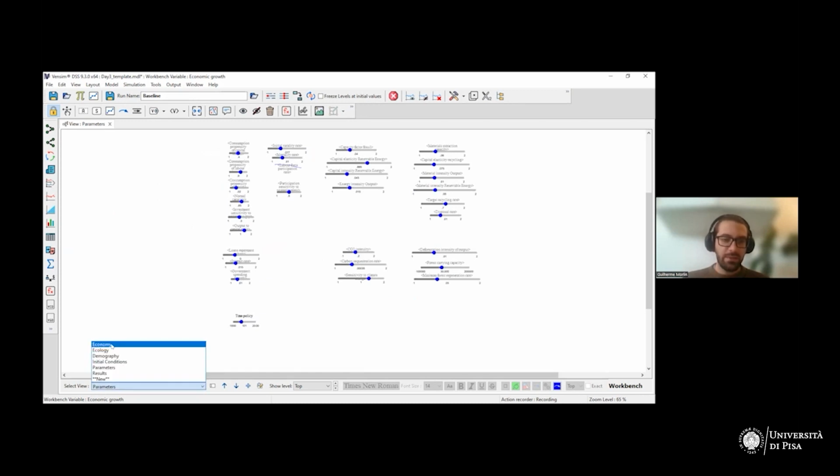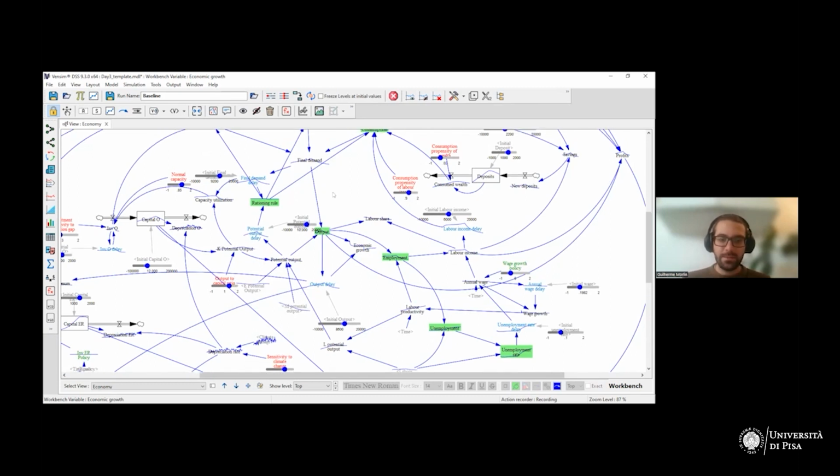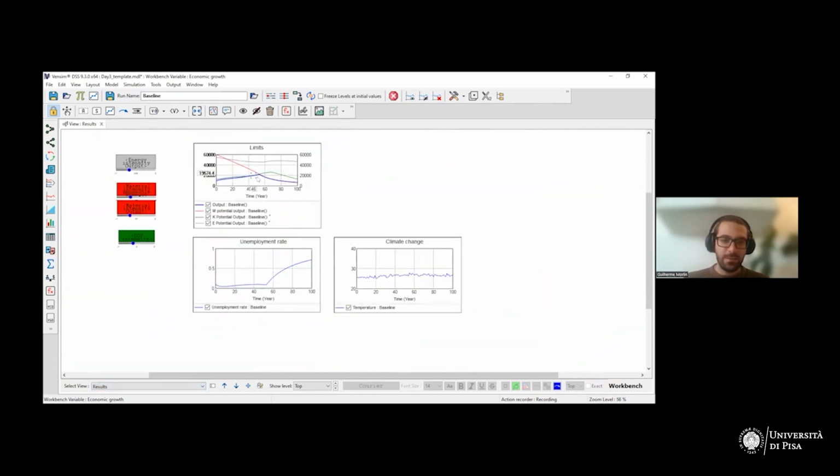I have parameters separated from results, but say I want to, for instance, increase the sensitivity to climate change, so I can use the slider and increase this value, and then I can see how the results change. So basically unemployment starts increasing much earlier, I guess. If you use the sliders here, you're able to see how this graph changes, right? So it's useful to have them together with these graphs.